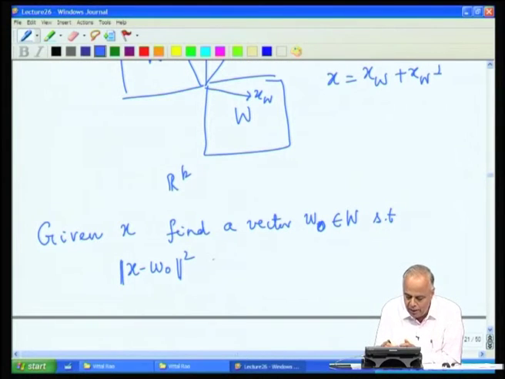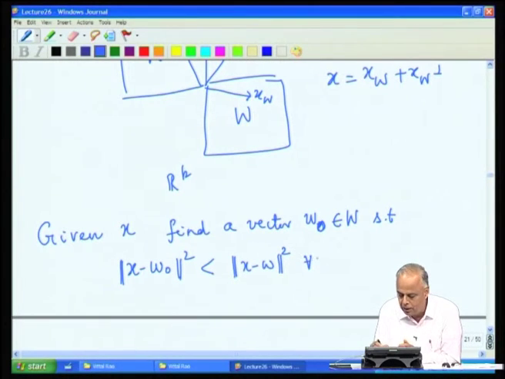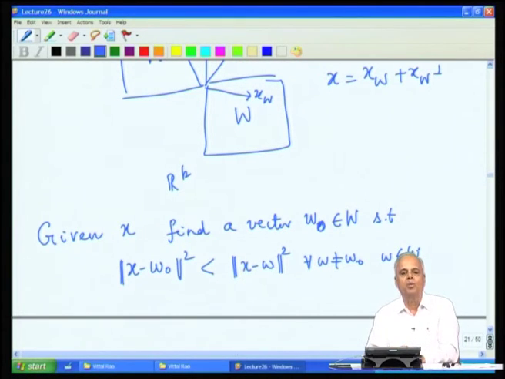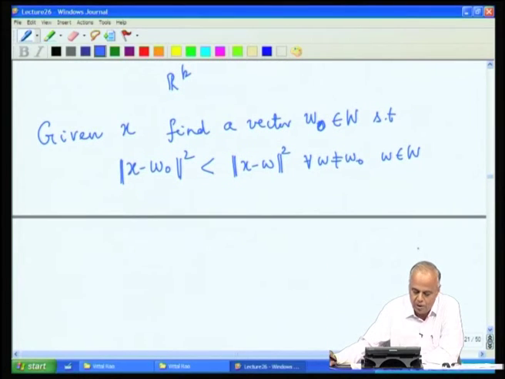Now, I want to find a W naught with the least error, that is, if you take any other W in W, the error must be more; x minus W naught must be giving the least error. So, in other words, can we approximate x in W with the least error? This is called the approximation problem.